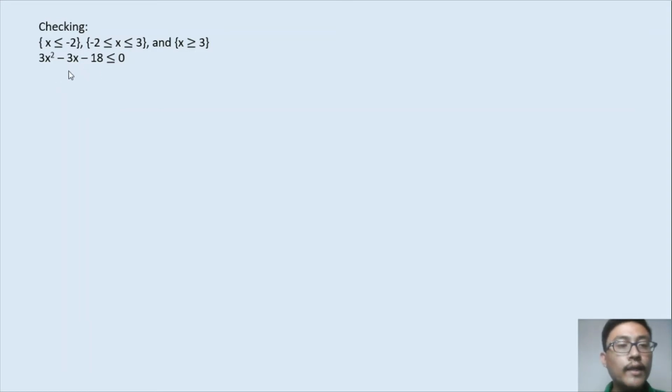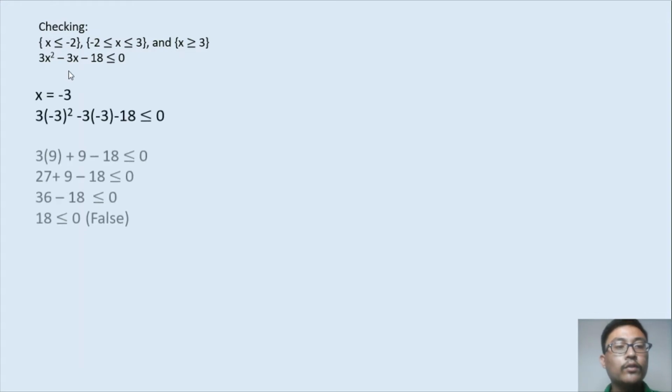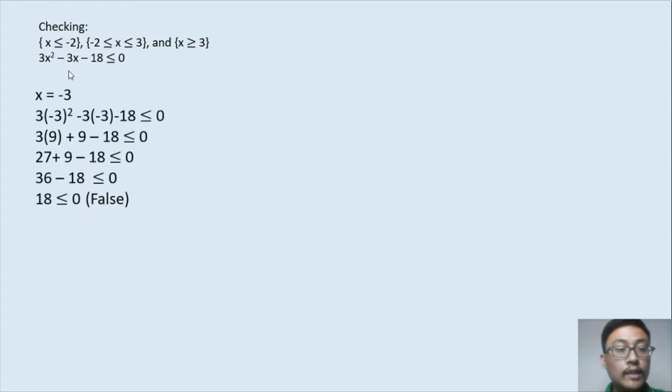O dun muna tayo sa x is less than or equal to negative 2 which is negative 3. Ayan. So, isa-substitute natin siya dun sa ating quadratic inequality. So, that's 3 times the quantity negative 3 squared minus 3 times negative 3 minus 18 is less than or equal to 0. So, ito muna, no?